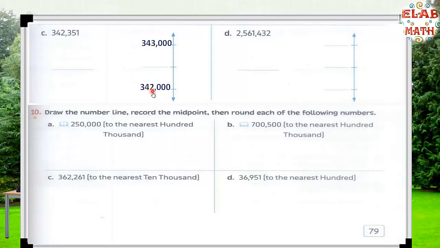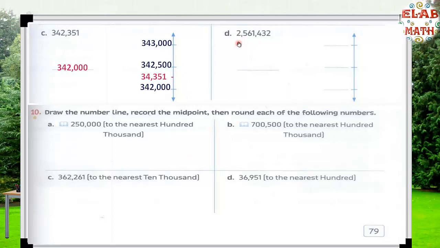And you should add 1 to this 2 to be 3. The midpoint will be 342,500. And where is your number? Our number here, 351. Is 351 more than or less than 500? Less than 500 here. That means you should round down.